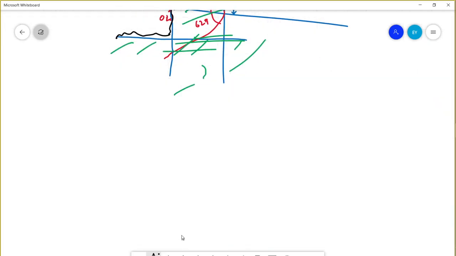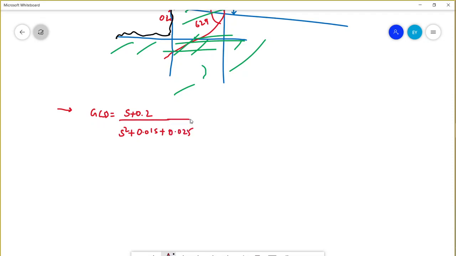The open loop transfer function is given as g of s equal to s plus 0.2 over s square plus 0.01 s plus 0.025.